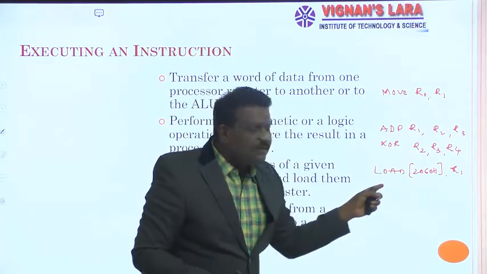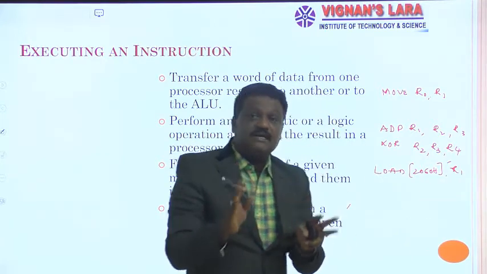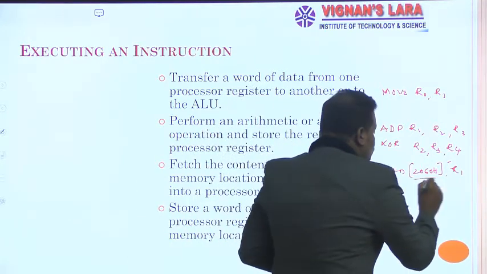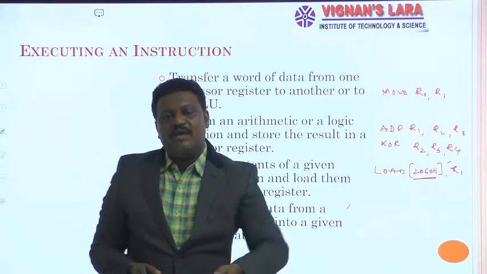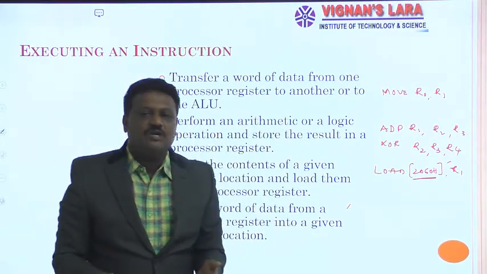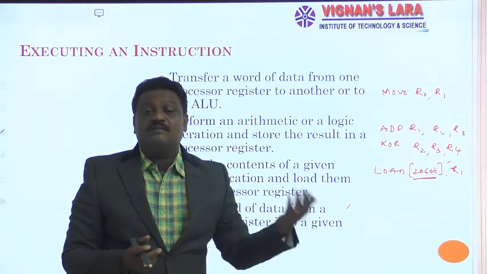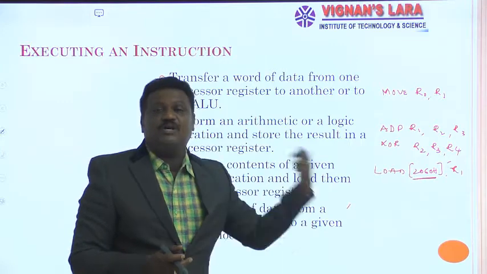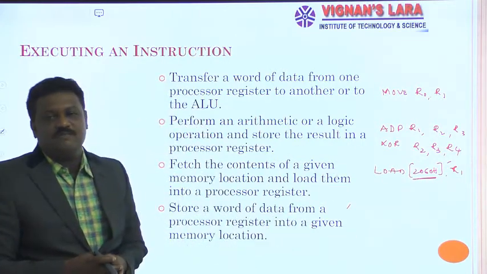The meaning of this instruction is load register R1 with the content of memory location 2060H. That means read a word of data from the memory location whose address is 2060H. Later the loaded data is copied onto one of my CPU registers, which is R1.